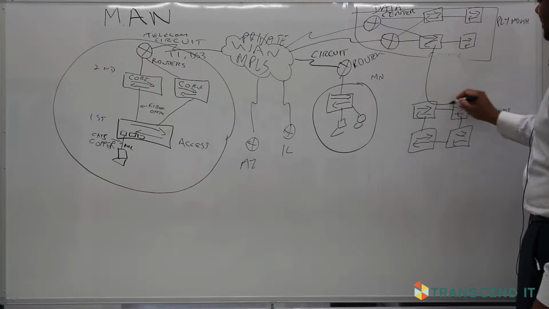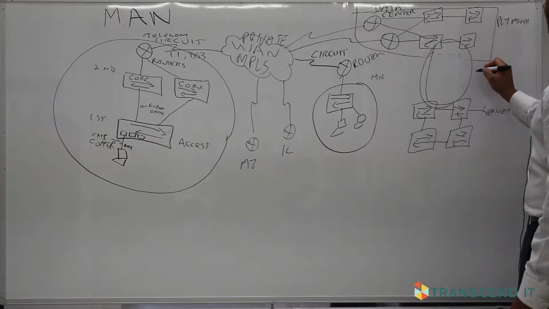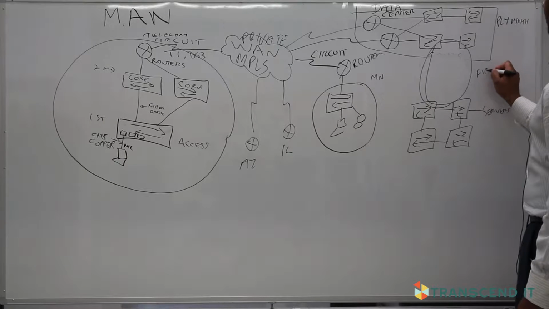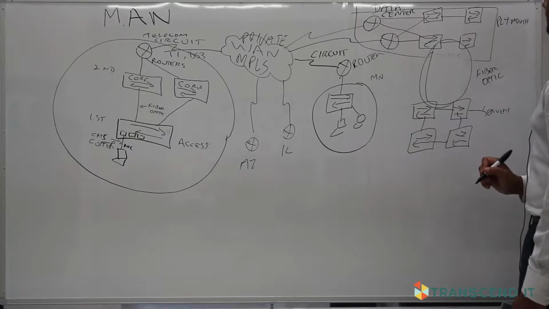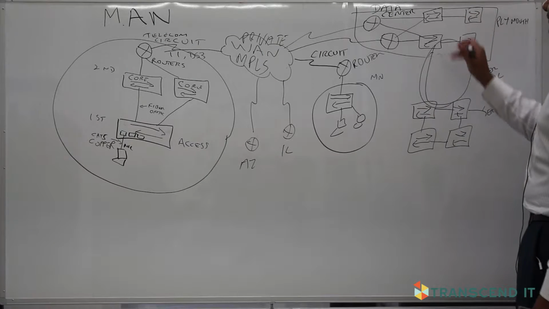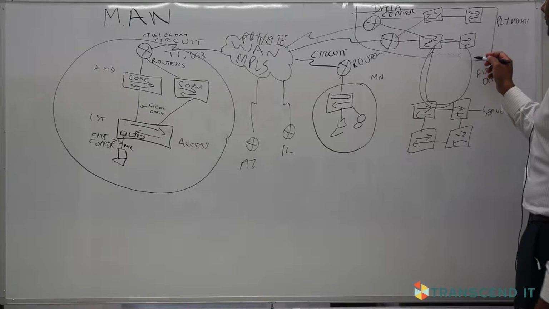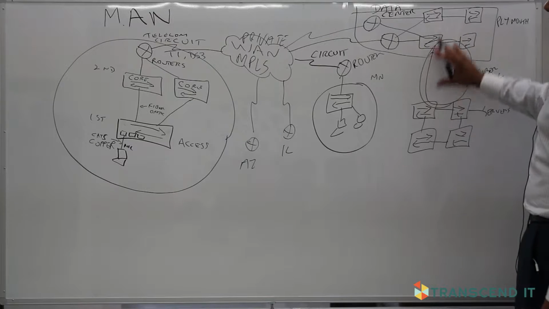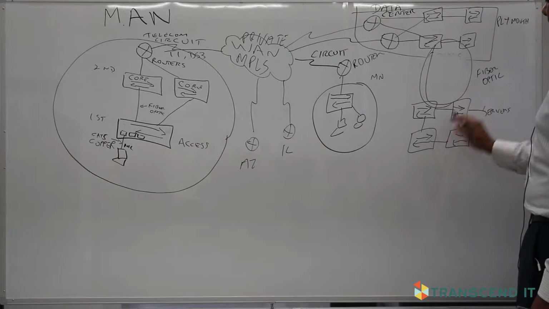So there's generally this fiber optic environment where you can basically lease fiber from some kind of provider. So you'll have a ton of bandwidth between data center 1 and data center 2.